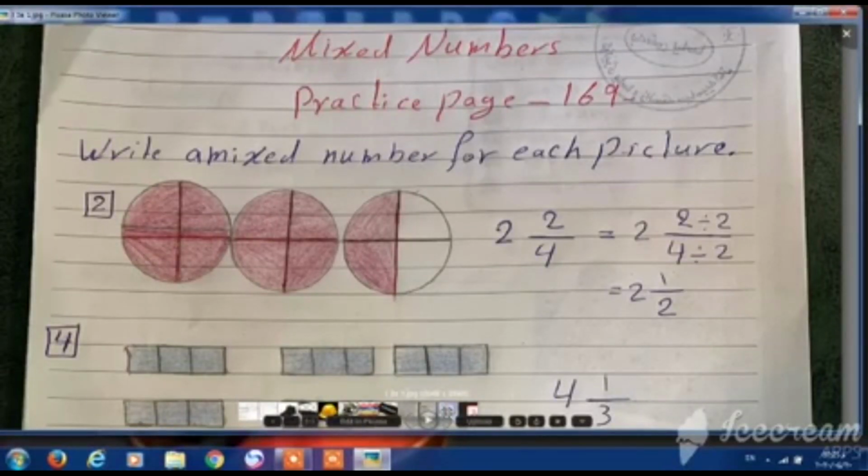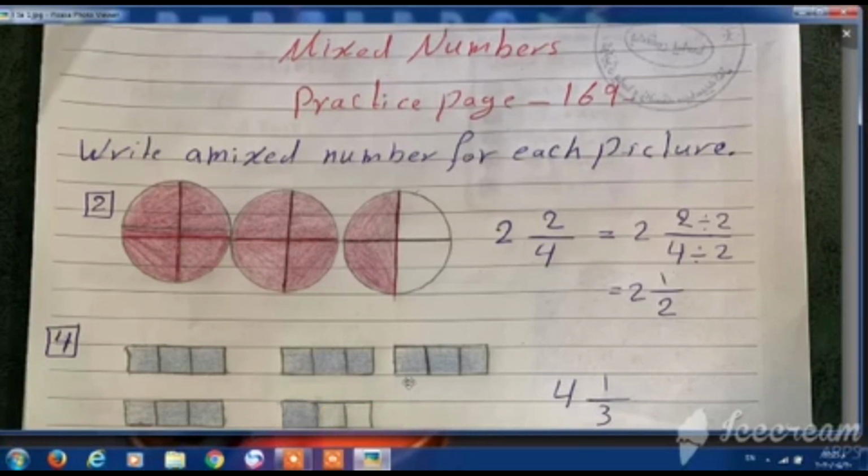Okay, dear students, we have practice page 169. I prepared it for you in a simple way, so the first time listen to me. After that you can write this in your copybooks, in your mathematics notebook. Now we have these two pictures.